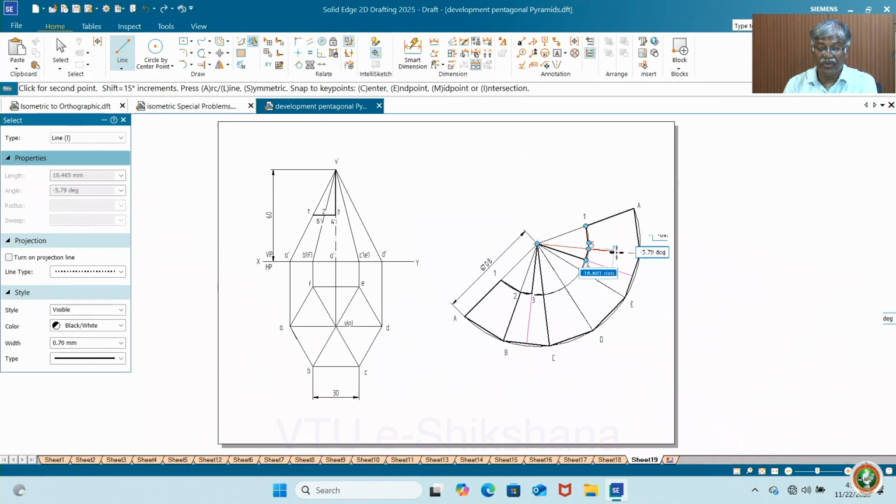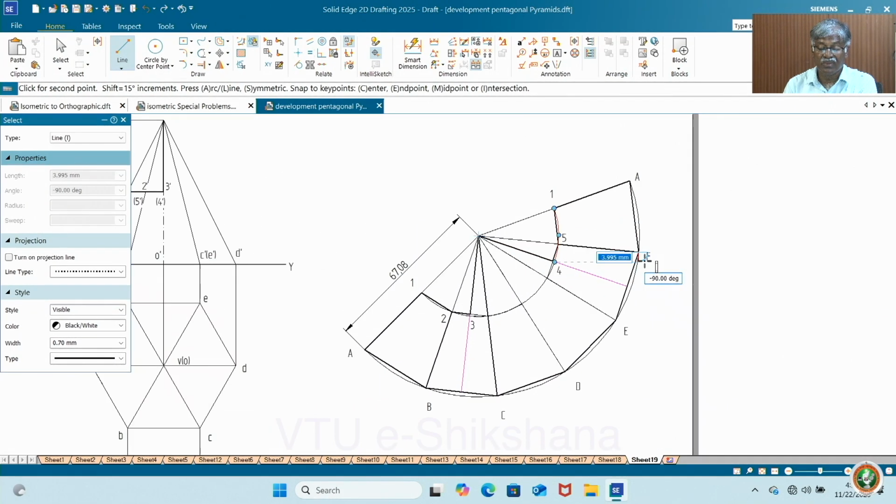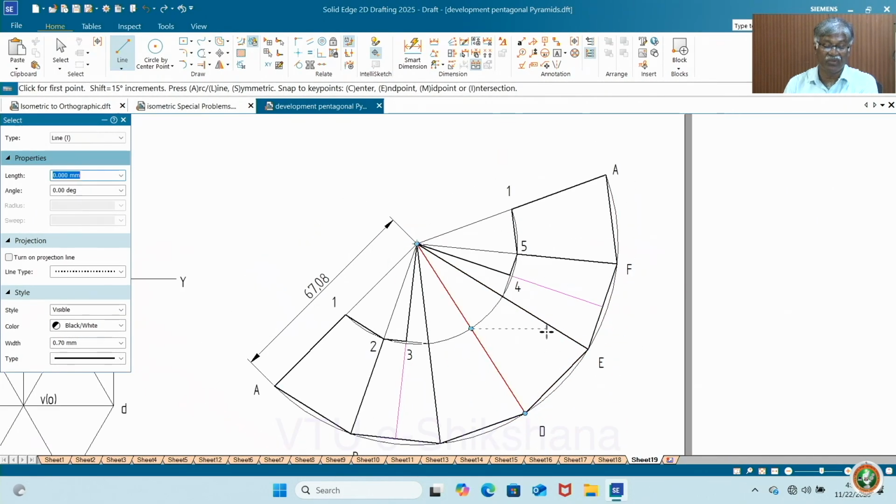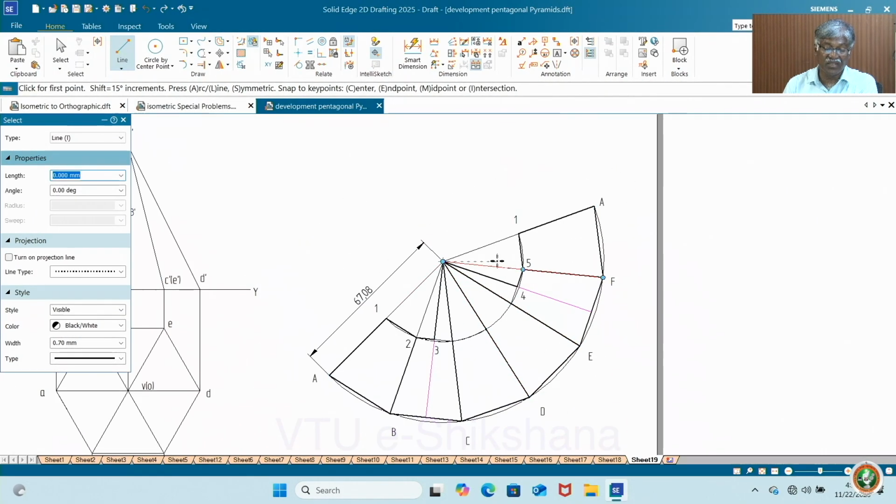Again 5 to F is dark. Then V to E is dark. It is unaffected by the section plane. V to D is also dark. Again this is free from the section plane. Now that's all. See, this portion and this portion is to be removed. All other lines are dark.